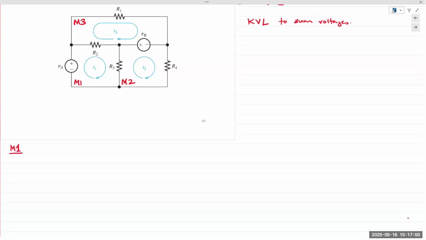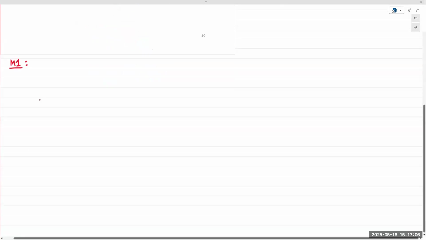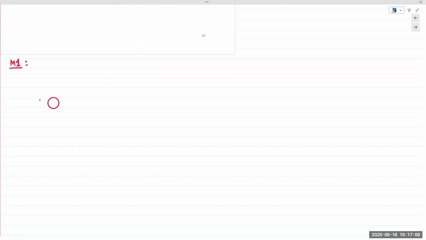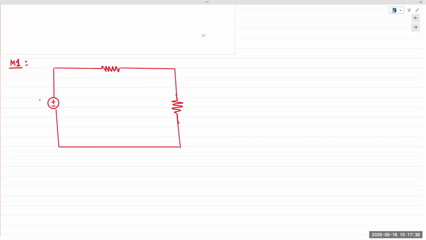Mesh 1: voltage source, resistor, another resistor, right? And then you have mesh current flowing through it in the clockwise direction.